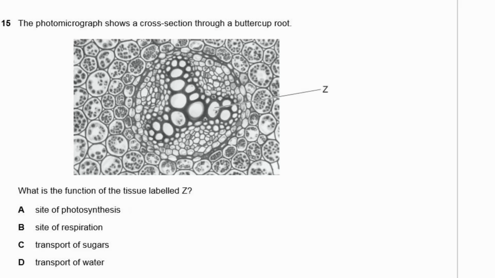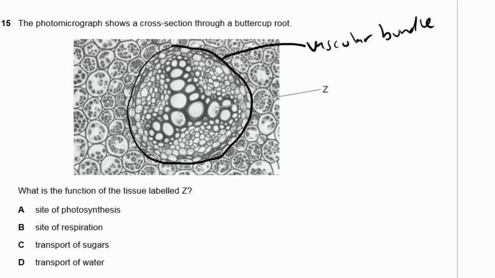Question 15. The photomicrograph shows a cross-section through a buttercup root. What is a function of the tissue labeled Z? Okay, so first of all, this whole circle here, the circle that you can see, that is a vascular bundle. Okay, and the large circles, they're large so that they can transport water, because they are the xylem.